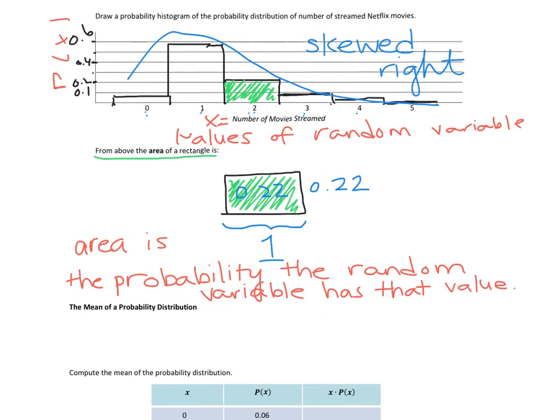All right, and when it's discrete like this, that's kind of straightforward because the lengths of all of our rectangles will be 1 and the height will be the probability. So it's natural that the area is the probability, but when we start working with continuous random variables and our bars are no longer going to be 1, we'll be able to use this result still. All right, but we'll see more of that in chapter 7.